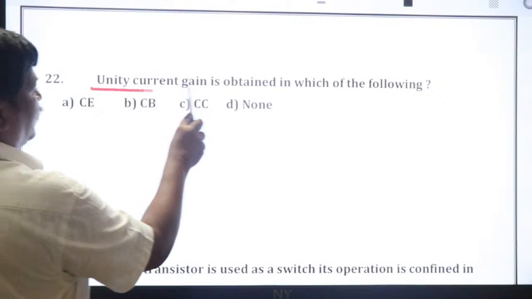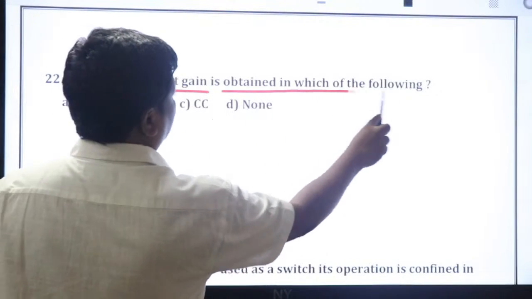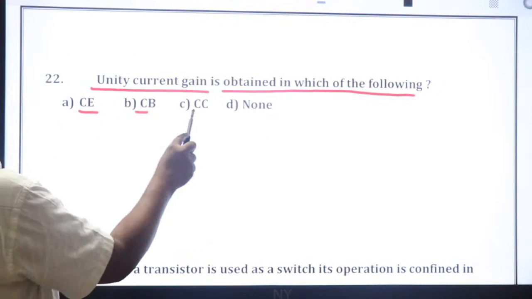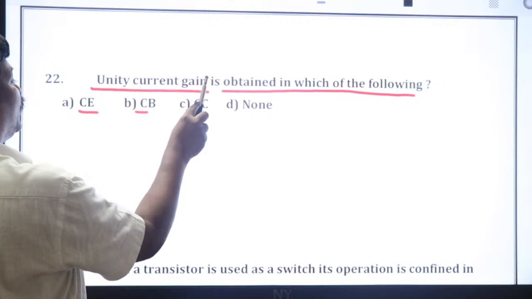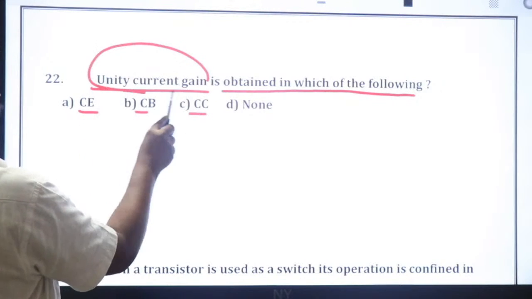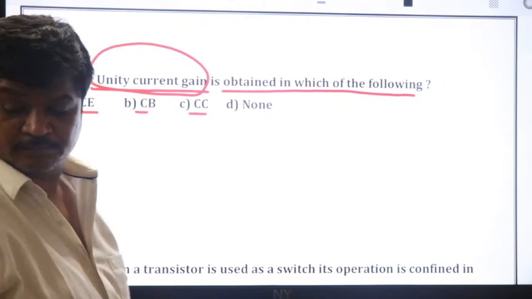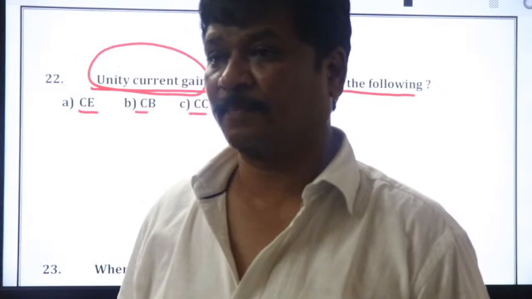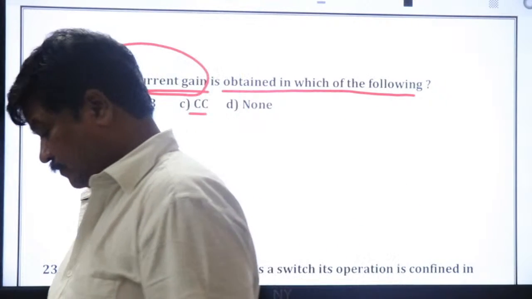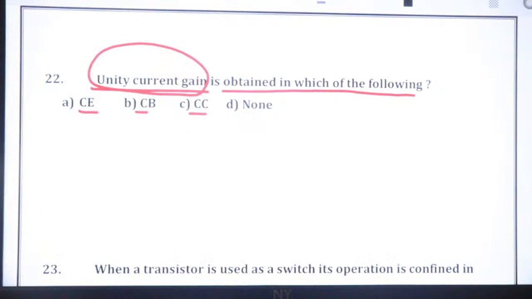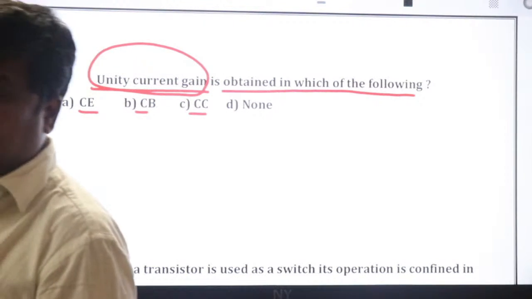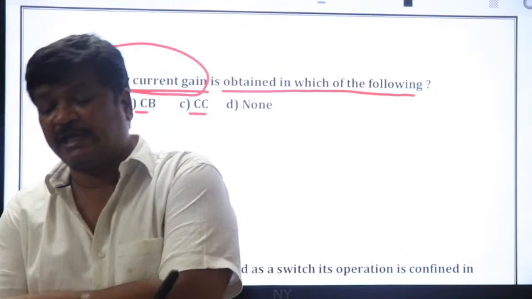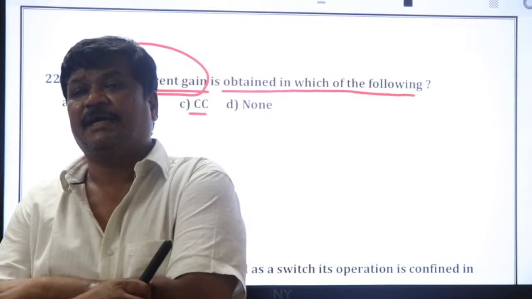Unity current gain is obtained in which of the following? Common base, common emitter, common collector. Unity current gain. Actually, from the drain characteristics, FET follows the parabolic characteristics because it has a square law.